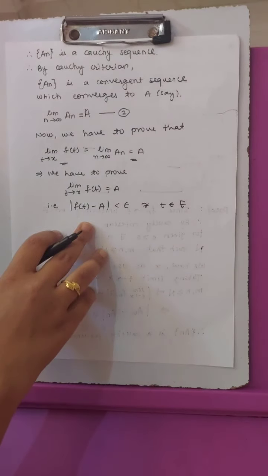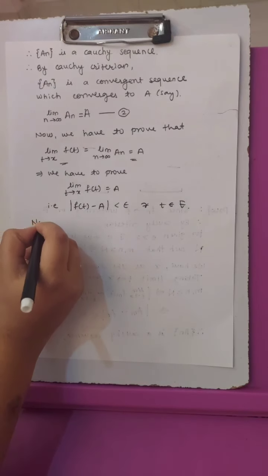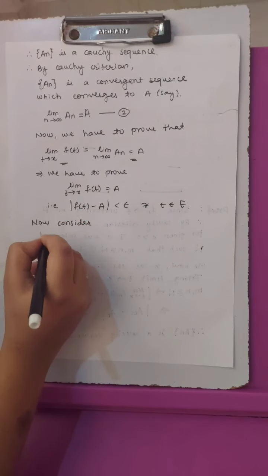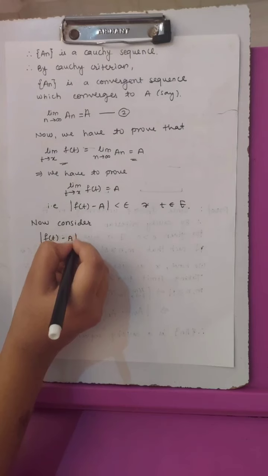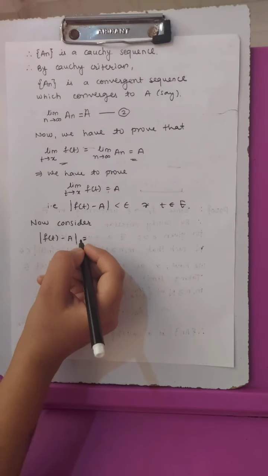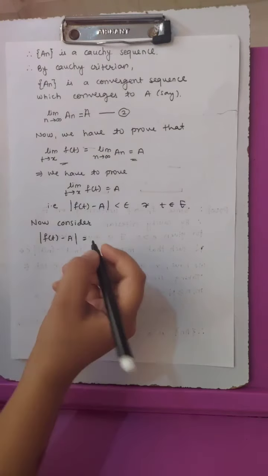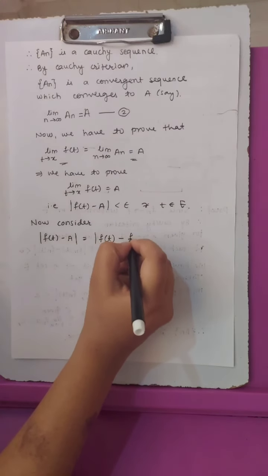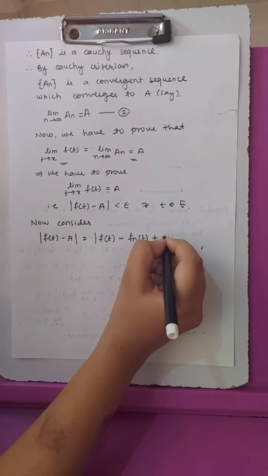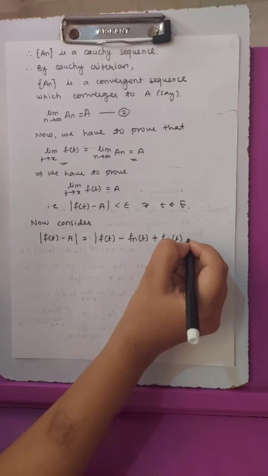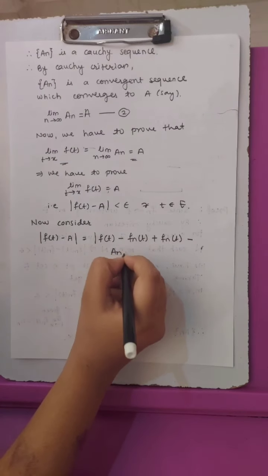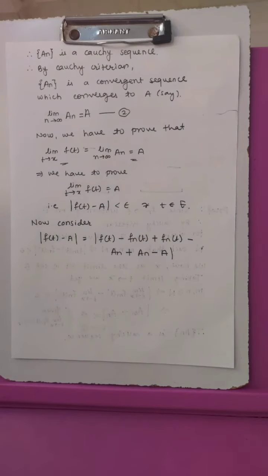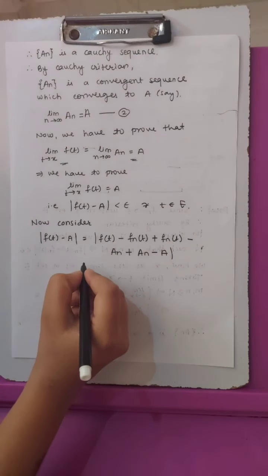So now to prove this, we consider mod of f of t minus A. We will make some adjustment by adding and subtracting terms. So let mod of f of t minus fn of t plus fn of t minus An plus An minus A. Now we will separate the mod and organize the terms.